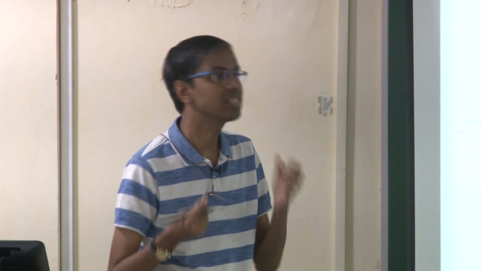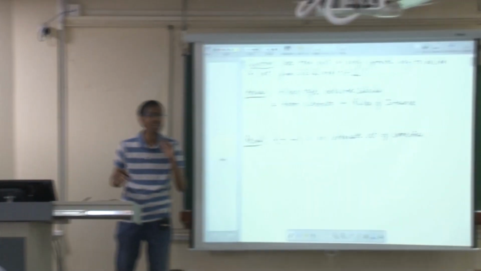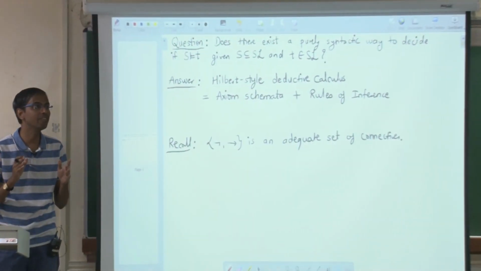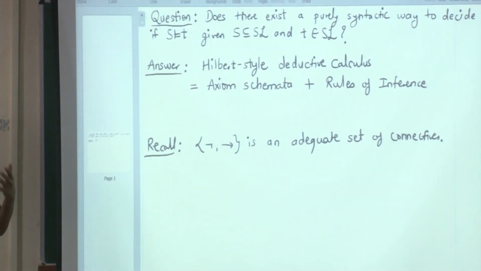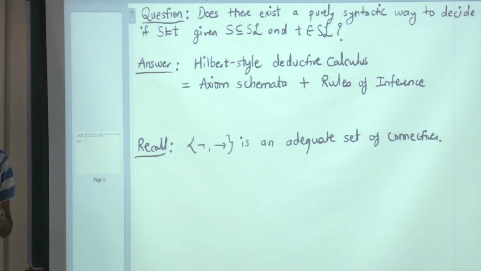So what is calculus? Calculus is a set of rules and some axioms. As you all may recall, axioms are those statements which we do not question, right? And in this case, these axiom schemata, I am using the word schemata because there are different schemes and they themselves have variables in them.